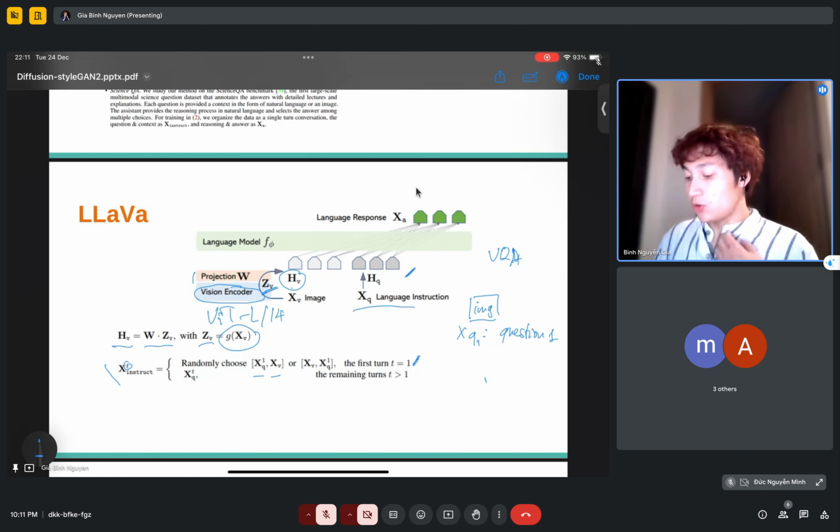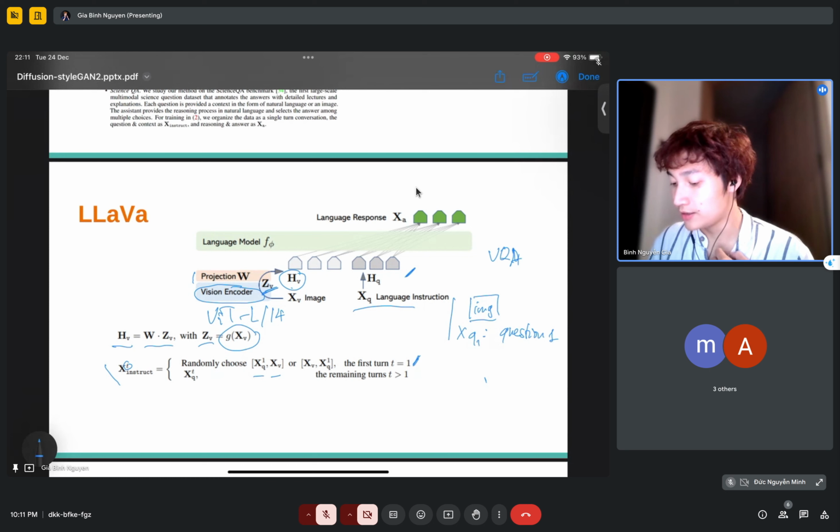Then the model receives it in the first round and tries to generate the answer with this input. So it will try to produce X_A1, which is the answer for question 1.